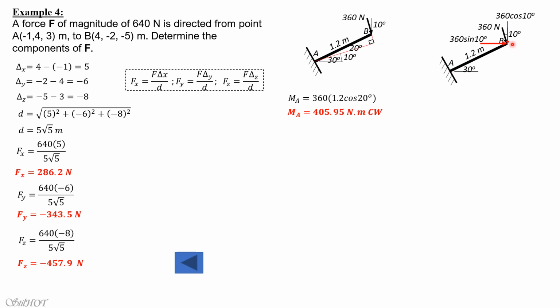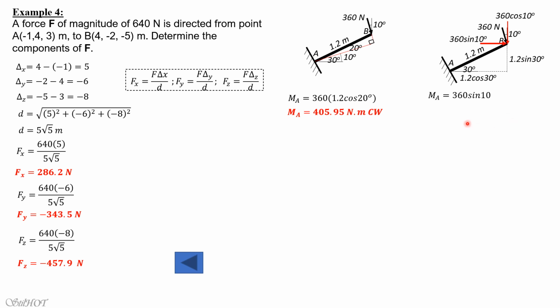The moment arm of 360 cosine 10 is 1.2 cosine 30, which is this, and the moment arm of 360 sine 10 is this one, 1.2 sine of 30. Both components tend to rotate clockwise, so we should add the moments.